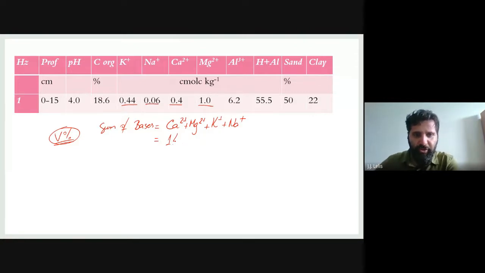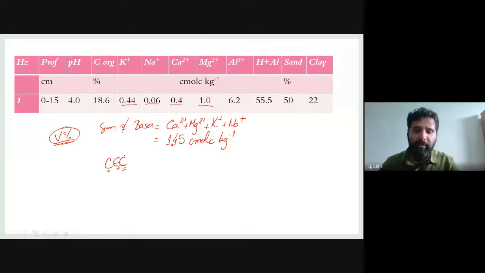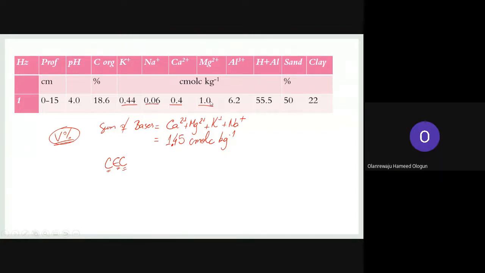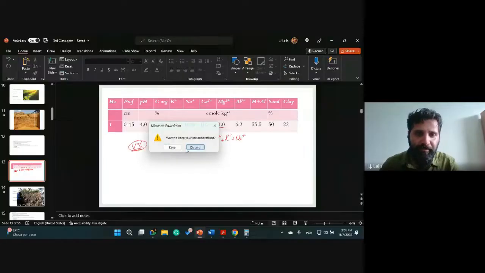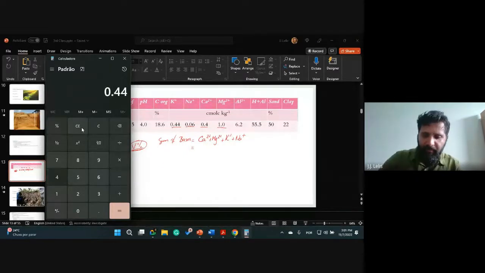And we should calculate now the CEC, the cation exchange capacity. I'm taking basis on 1.9 and not 1.45. Oh, yes, I'm sorry. I forgot to include, let me put it again so everyone could understand where I made the mistake.